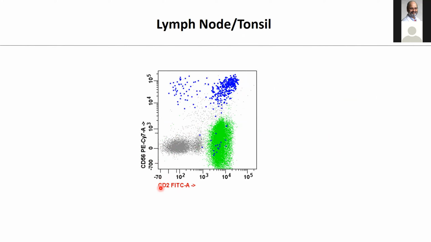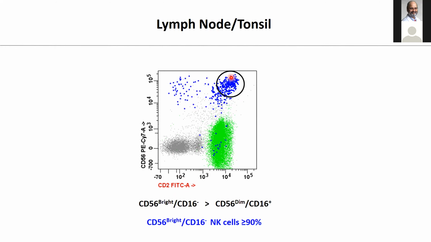But CD2 is also bright positive on those CD56 bright positive, CD16 negative NK cells. And so here you can see these are the cells that represent that subset. This is pretty much the mirror image of what you expect to see in the peripheral blood. In lymph node or tonsil, you expect to see the CD56 bright, CD16 negative subset of NK cells representing 90% or greater of the total NK cell population.